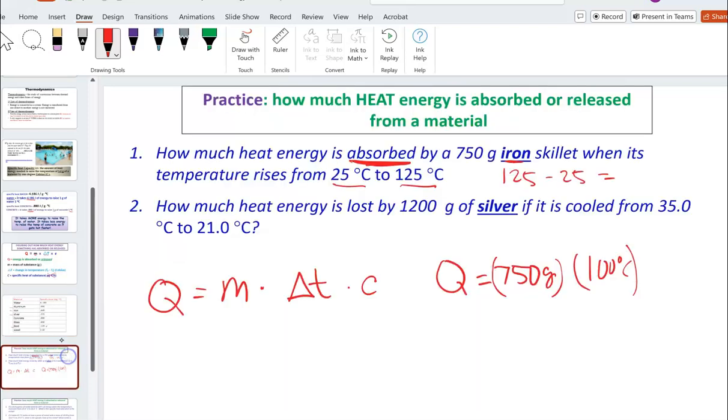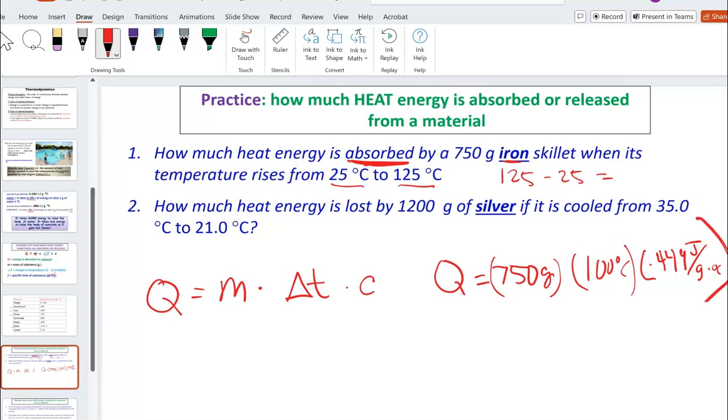So I'm going to go back here and plug in for C 0.449 joules per grams times degrees Celsius. So joules cancel out, grams cancels out, degrees Celsius cancels out.